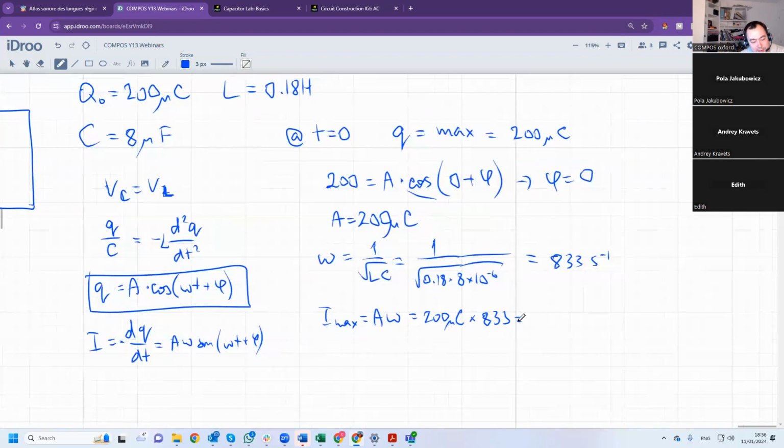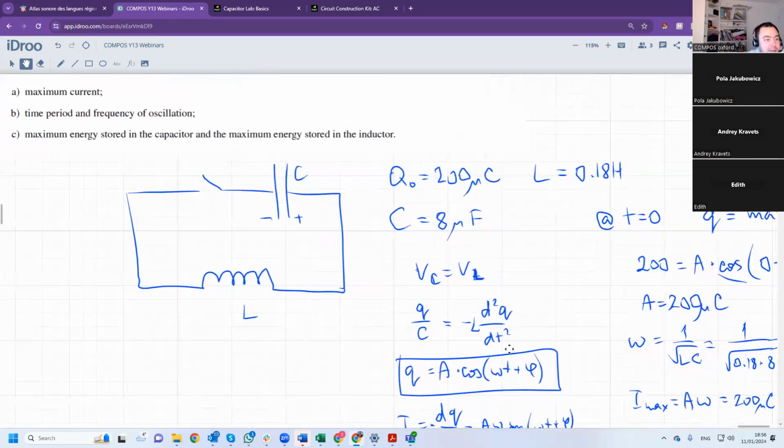That gives us 1.67 times 10 to the 5, but microamps, so divided by a million. So it's 0.167 amps. That's the maximum current.